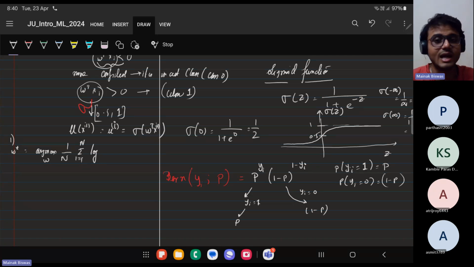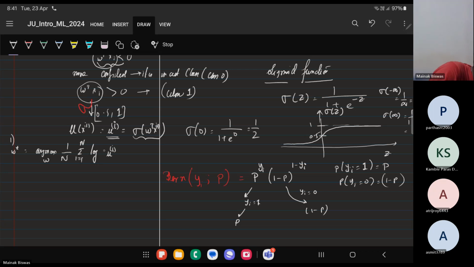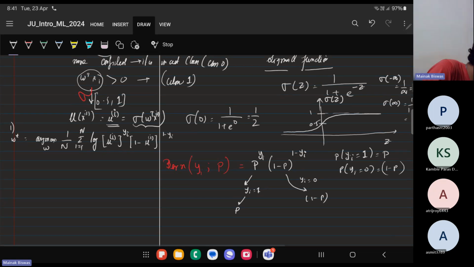For simplicity of calculation, instead of writing this entire thing, I'll write mu_i equal to sigma of W transpose X_i. So mu_i to the power of y_i, times 1 minus mu_i to the power of 1 minus y_i. So what does this become?